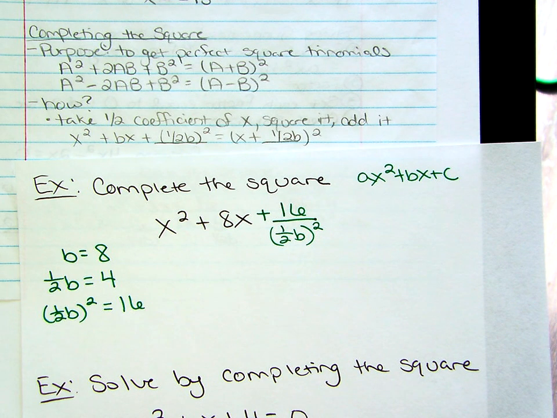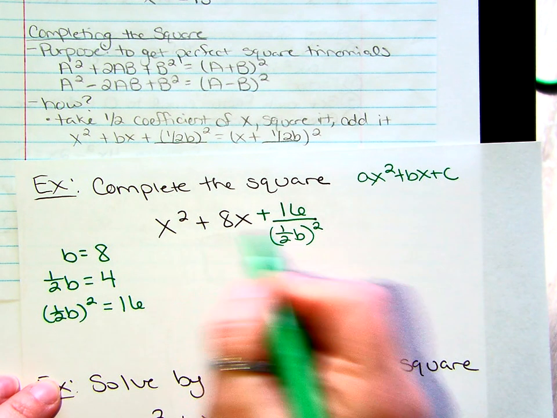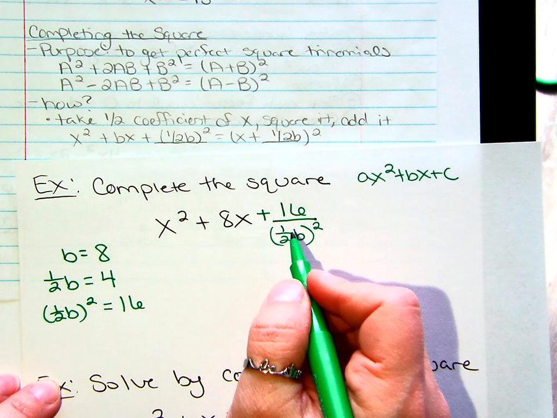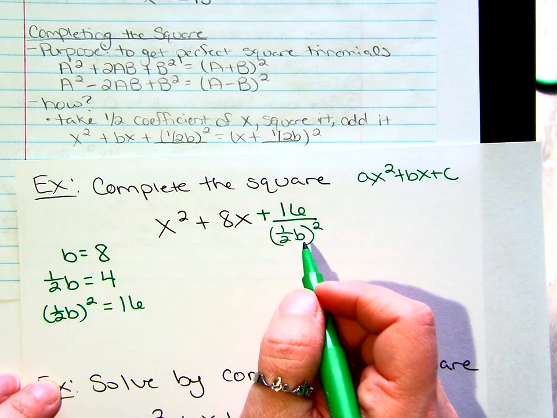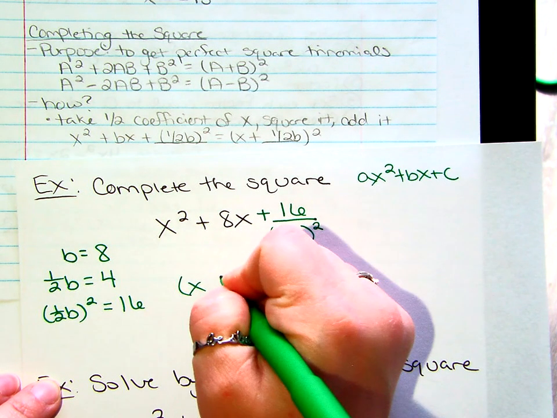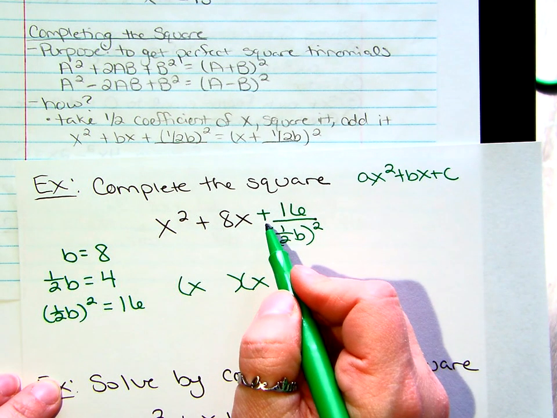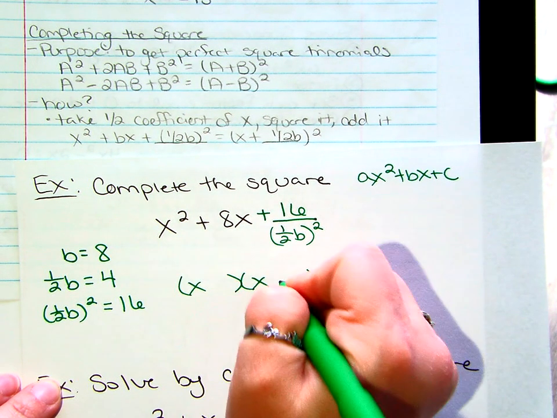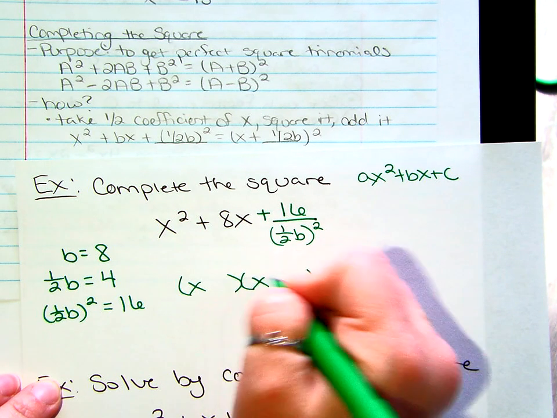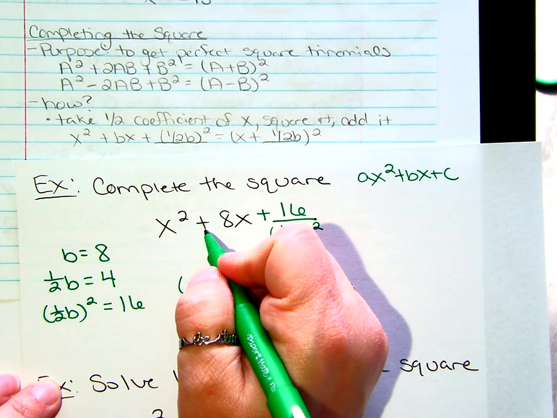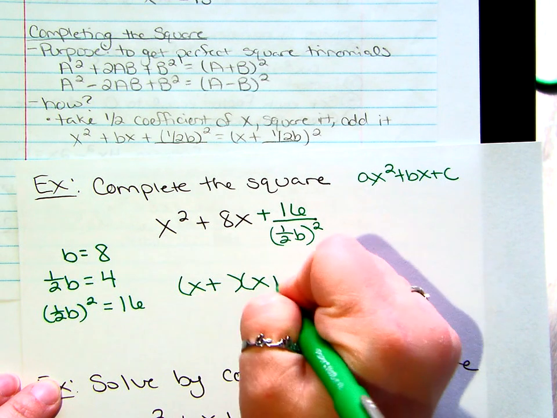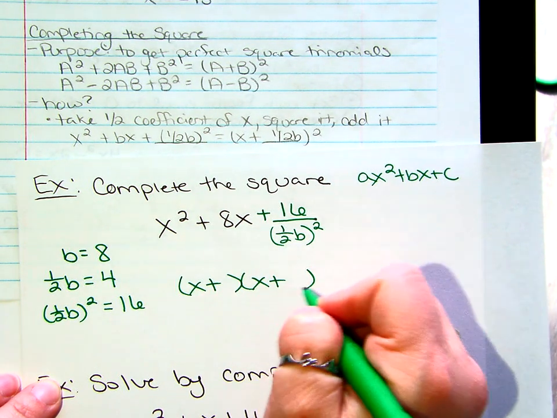Because now, if I was asked to solve, which I'm not, but if I was, I could factor this because it's a perfect square trinomial. It would go into x. Notice this is a plus, so that means that I'm going to have the same sign inside, and the sign in front of my b is a plus, so that tells me I'm going to have a plus. And then what goes inside my factors is 1/2 b.